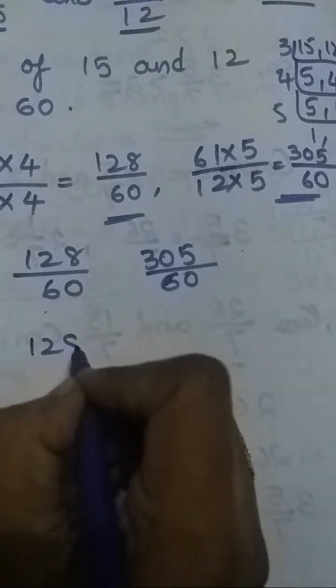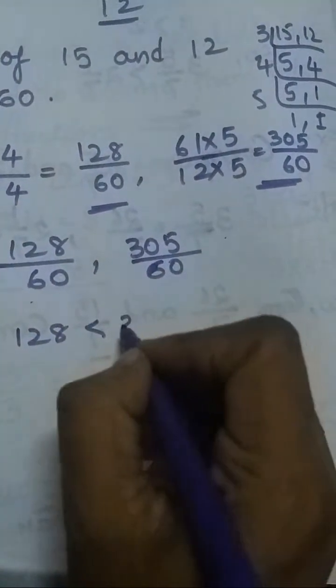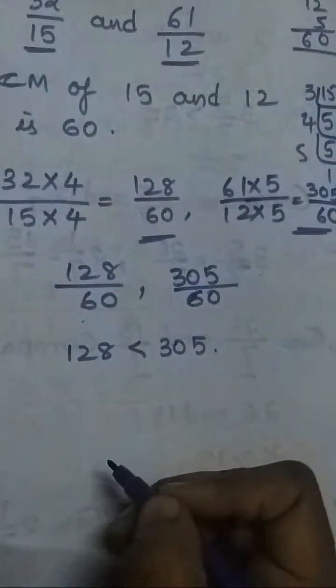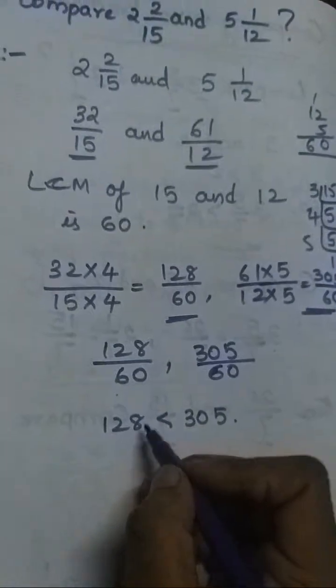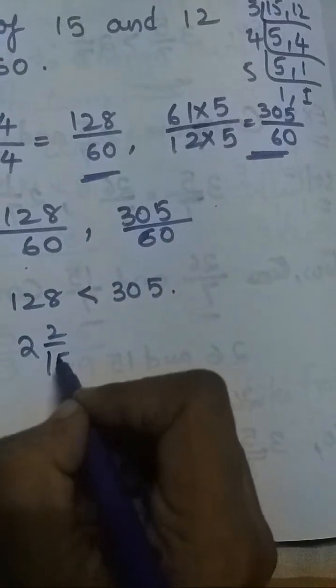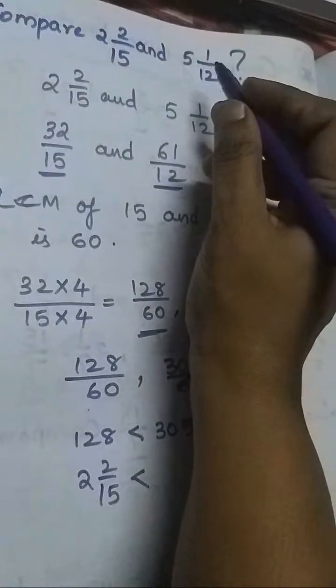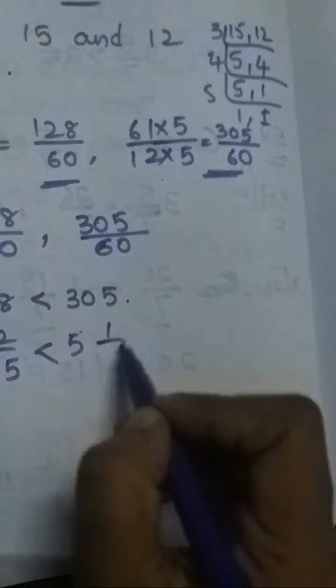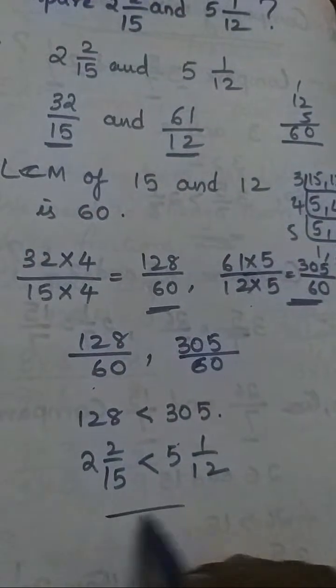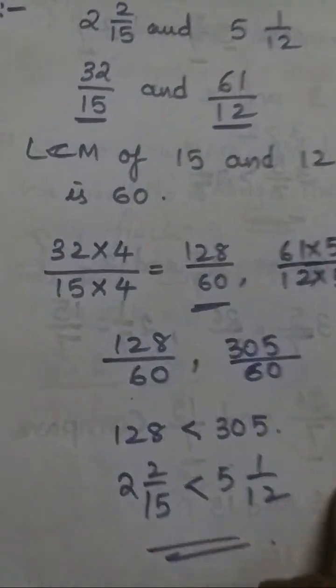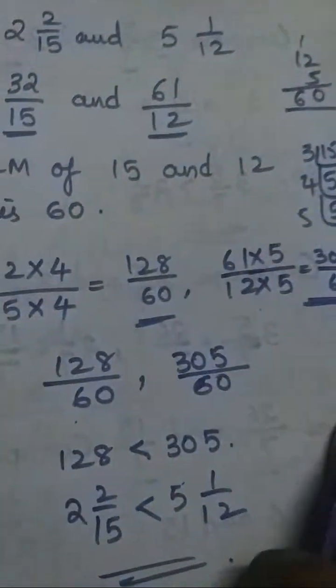Numerator 128 is less than 305. So this one, 2 2/15, is less than this one, 5 1/12. Like this we have to compare unlike denominators.